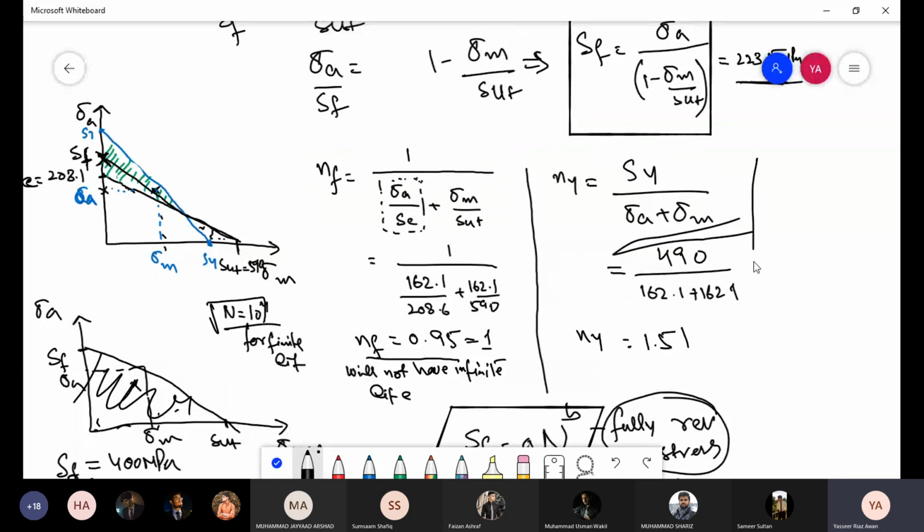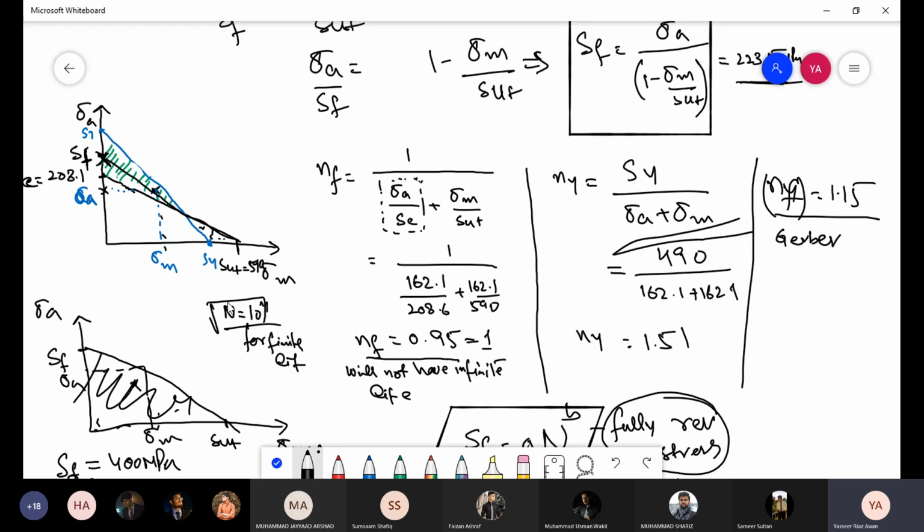Now had we used the Gerber criterion and found this fatigue safety factor based on Gerber, and I'm not going to write that equation again, we have just seen that equation, this safety factor would have been about 1.15.